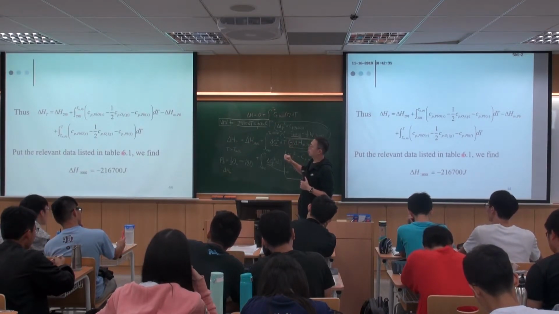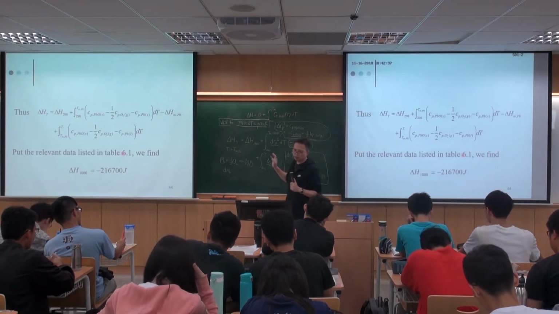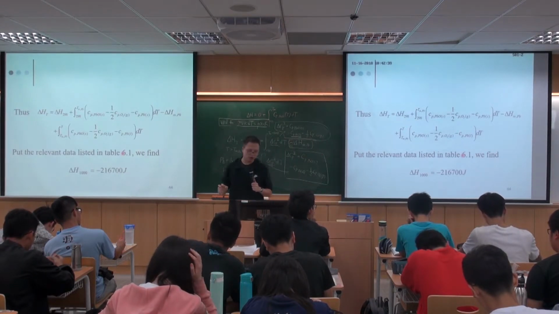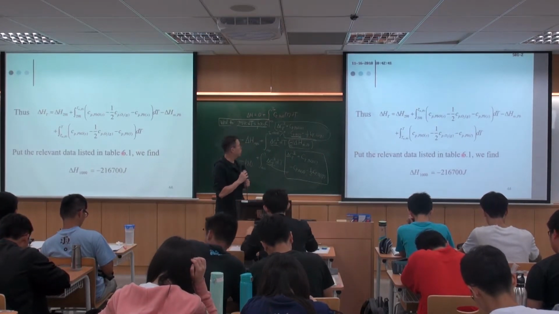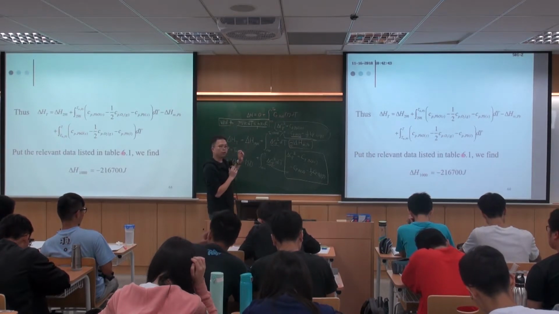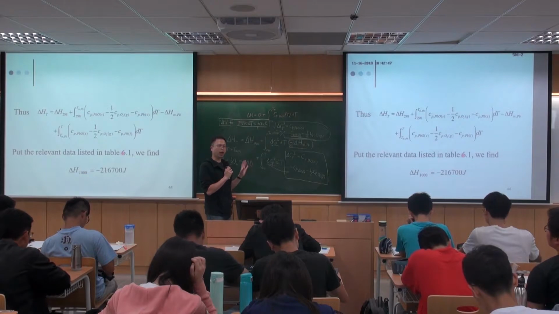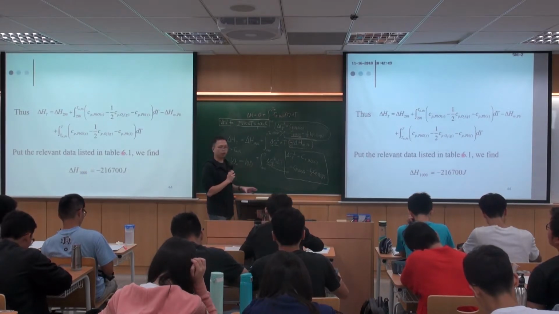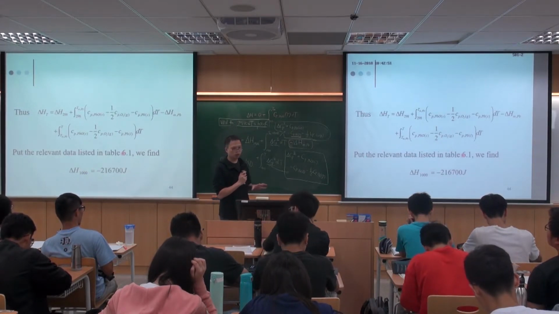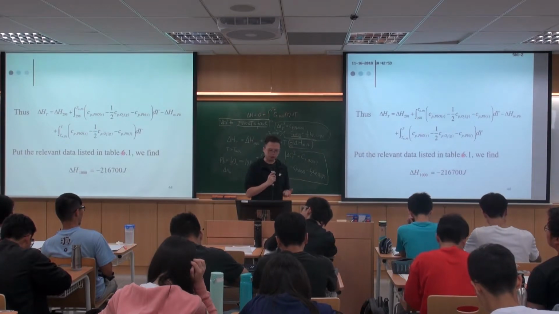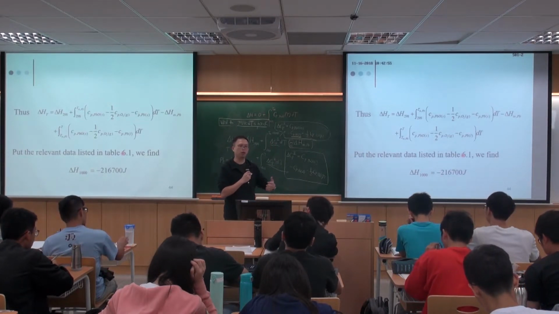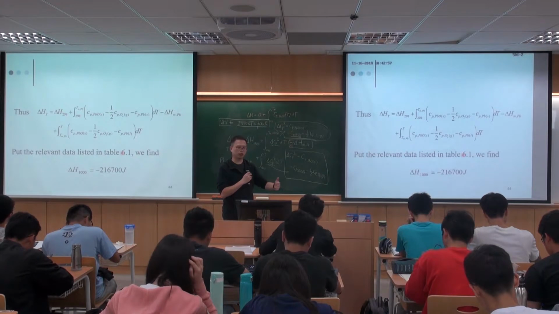Okay. So this is a very important example of how to calculate delta HT at different temperatures, especially when one of the reactants is having a phase transformation. So if you have a phase transformation, you have to divide your calculation into several different sections.